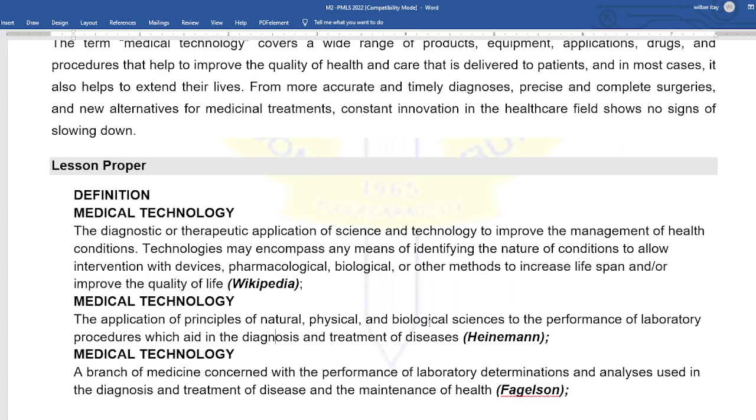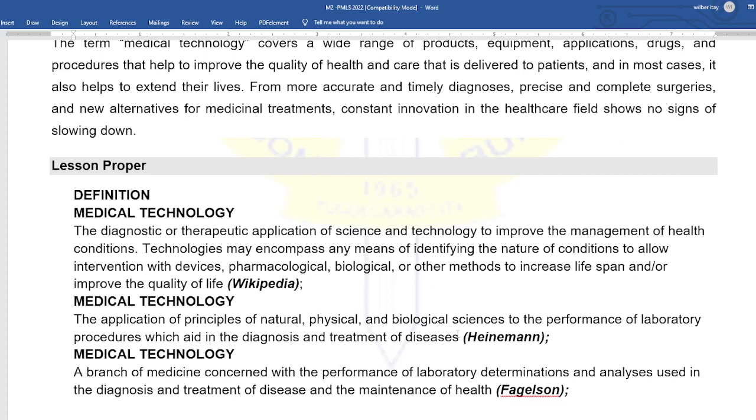Unlike the medical technology definition by Heinemann, which is more specific because it specifies that what we do as medical technologists actually aids in the diagnosis and treatment of diseases. Of course, what will happen if our work as medical technologists aids in the diagnosis and treatment of the diseases?